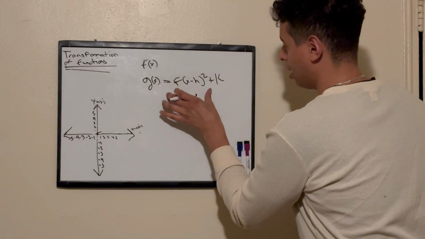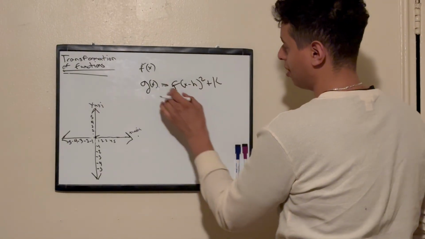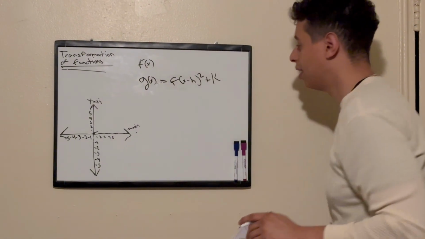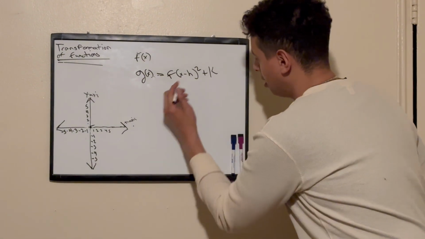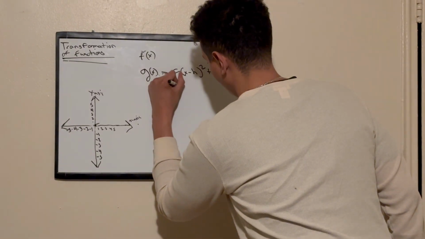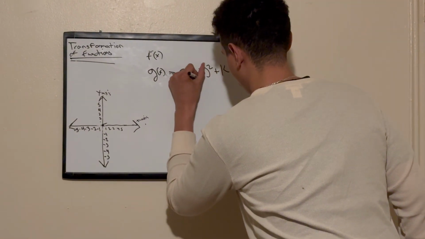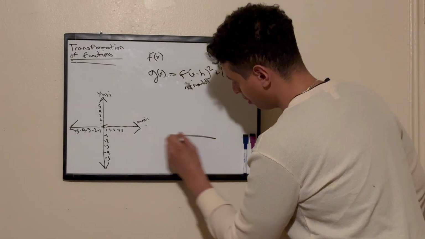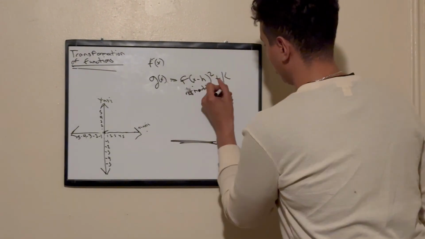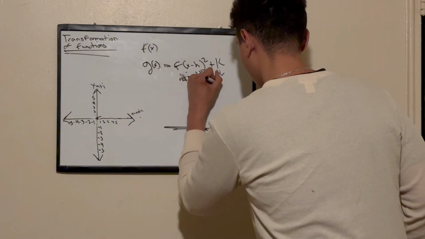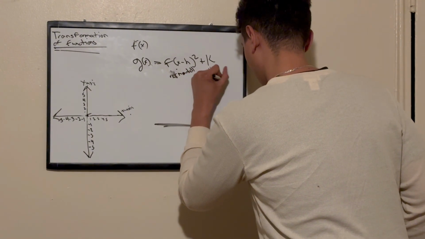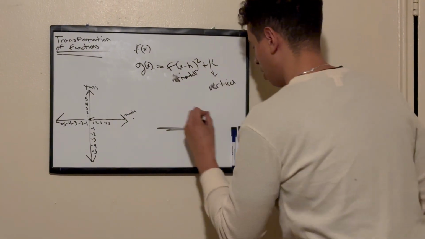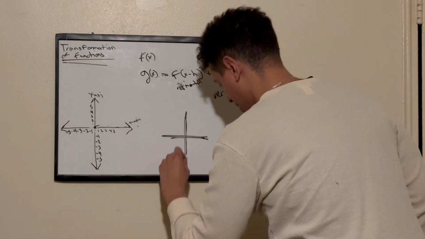Now, this is a transformation from this regular function. Typically the h means horizontal, which means it can only move from left to right, and the k means vertical, which means it will only go up and down.